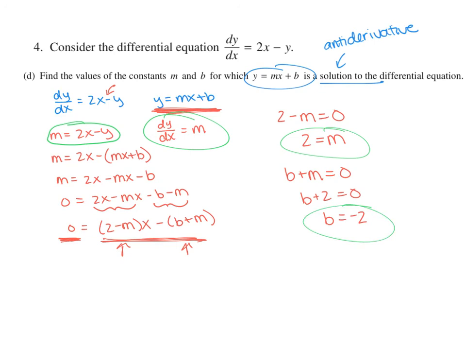I know that it's this step in here that feels a little bit like funny math, but the importance of this being true for all x is what matters here. The only way for that statement to equal 0 for all x no matter what is if everything was equal to 0. That's the only way for that to happen.